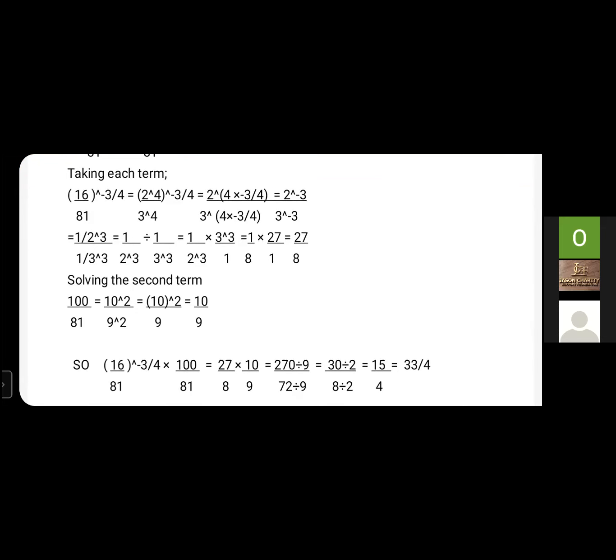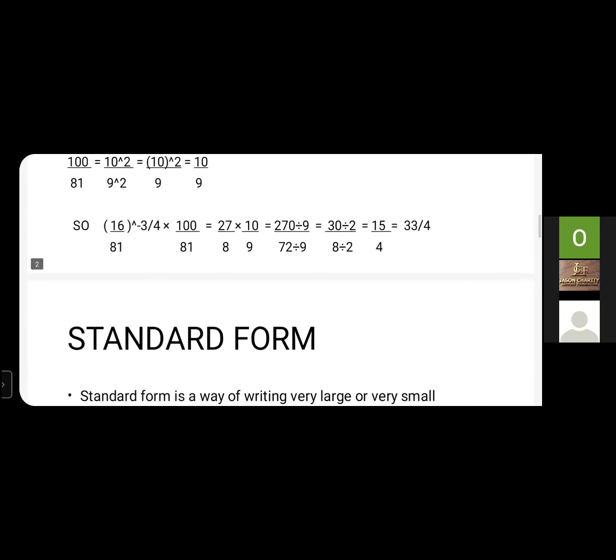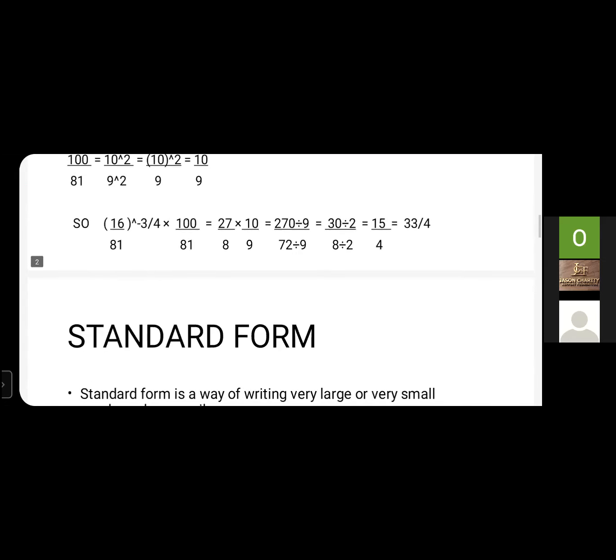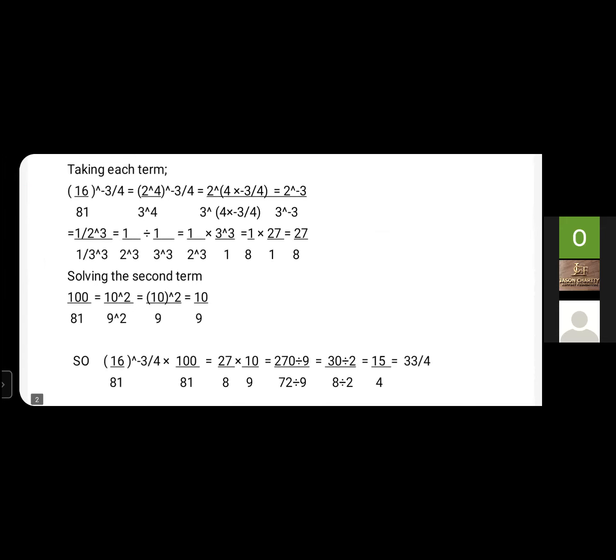Cube root is the same thing as saying to the power of 1 over 3, and square root is saying to the power of 1 over 2. So changing our square root to the power of half.